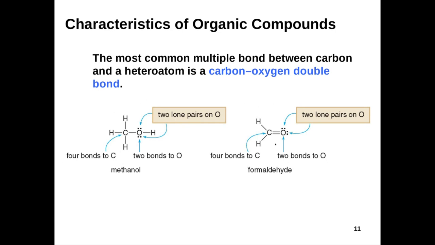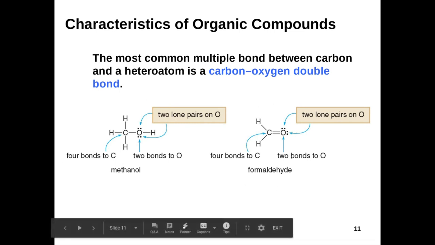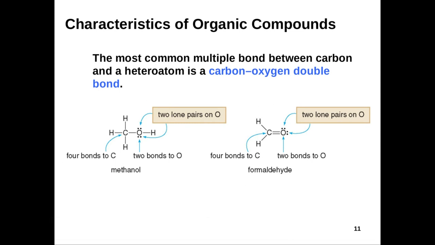Now we have formaldehyde here on the right, so CH2O, and formaldehyde is a preservative. This is one of the things they pump in cadavers and people who have recently passed away to preserve them. It's a really great preservative. Toxic in high amounts. If you just drank a cup of it, you'd be fine. But if you drank like half a gallon of it, you'd get sick and die.